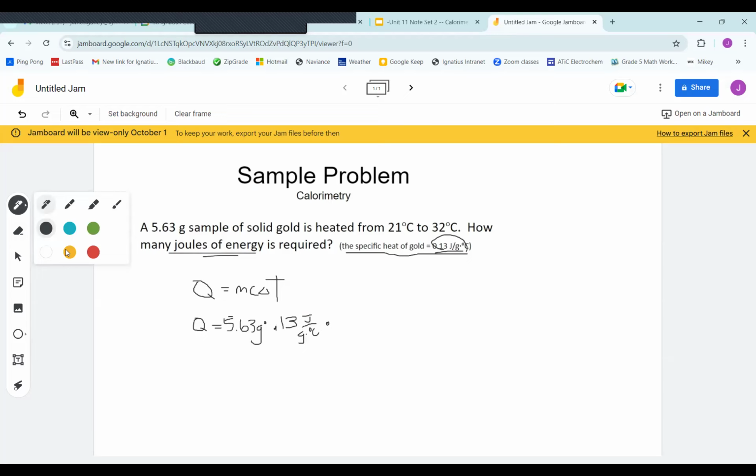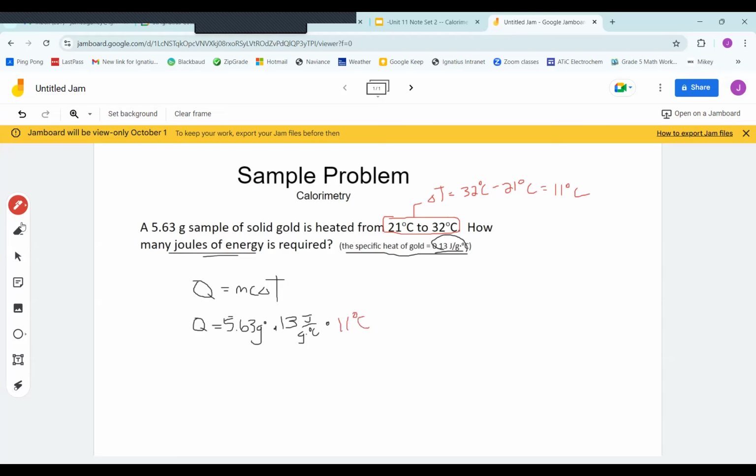Now, you can do this a couple of ways. You could plug in the equation final temp minus initial temp, but I actually find it helpful to do a side calculation here. I'm going to do the delta T calculation up here. 32 minus 21 equals 11 degrees Celsius.